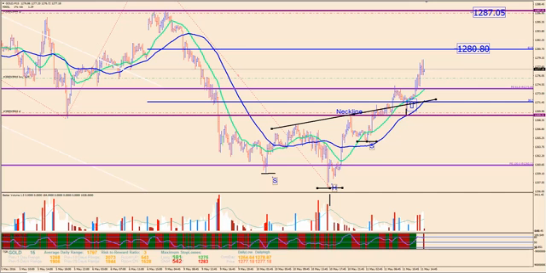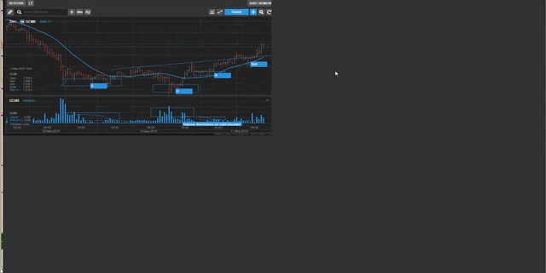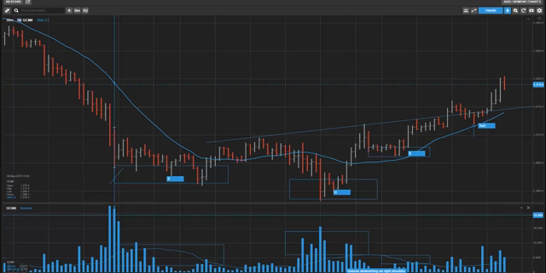Now, since I use inter-market correlation, I like to see how it looks on the futures market, because the futures market is centralized and the volume is also centralized. This is the number of contracts traded. This is the gold 30 minutes time frame, and here we have the left shoulder, and look at the head.